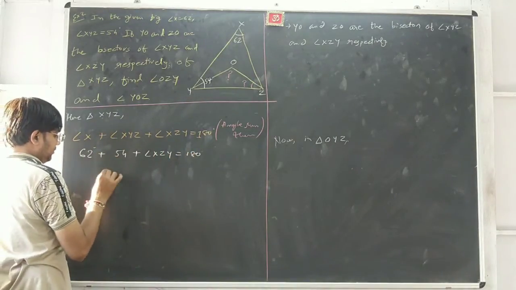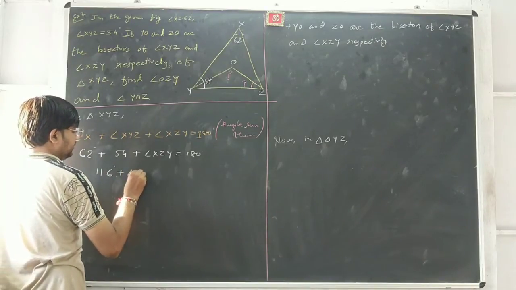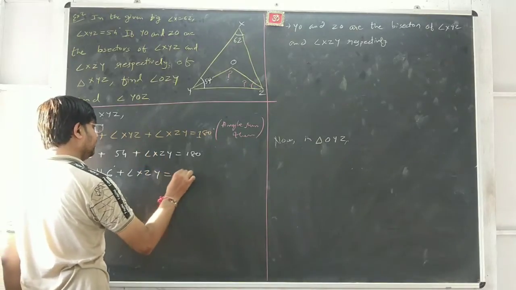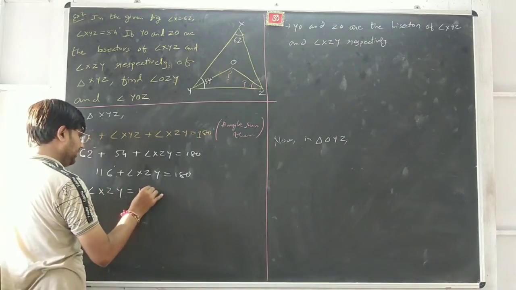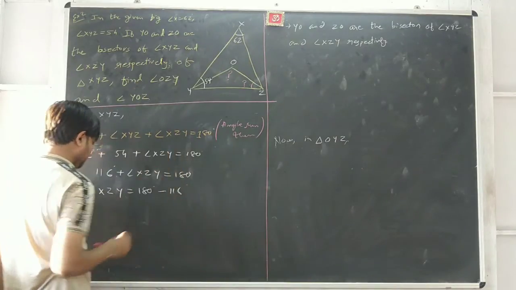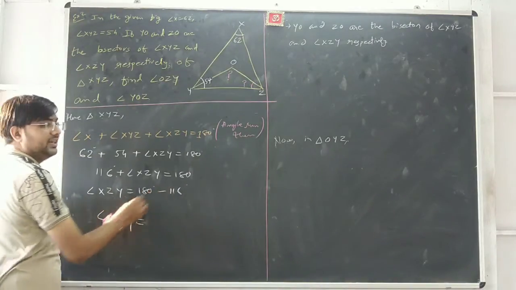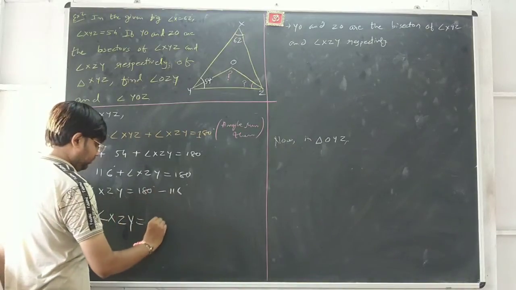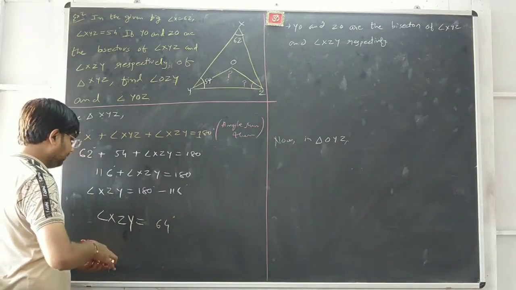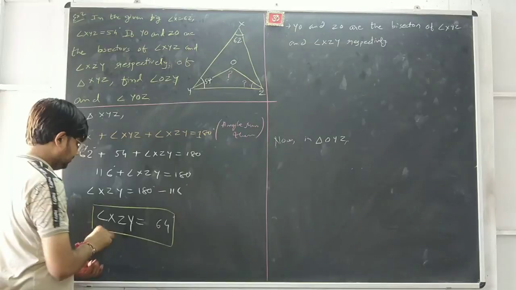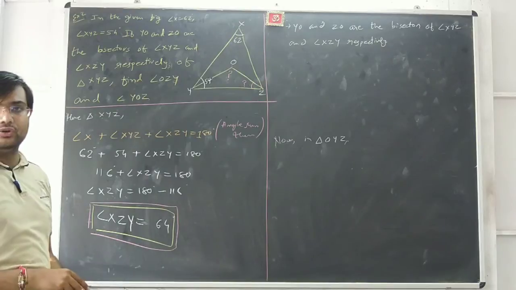So 116 plus angle XZY is equal to 180. 116 goes to the opposite side, then XZY is equal to 180 minus 116, which is 64. This is our first result: XZY is equal to 64.